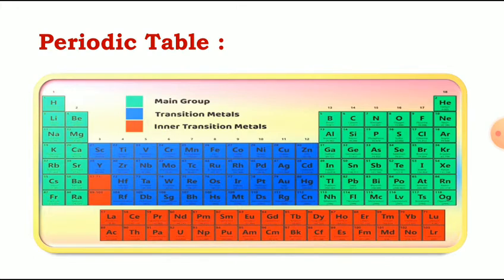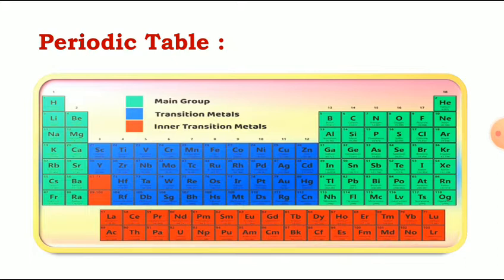These are the group first elements, which we call alkali metals. Group second has beryllium, magnesium, calcium, strontium, barium and radium. These are the alkaline earth metals, or alkaline earth elements. These two groups are the S block elements.